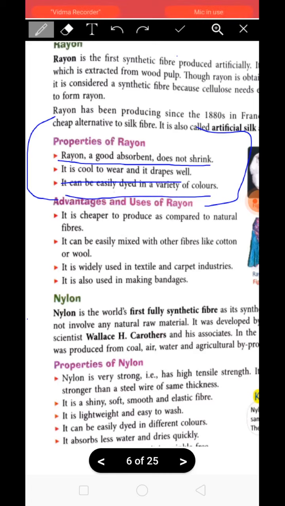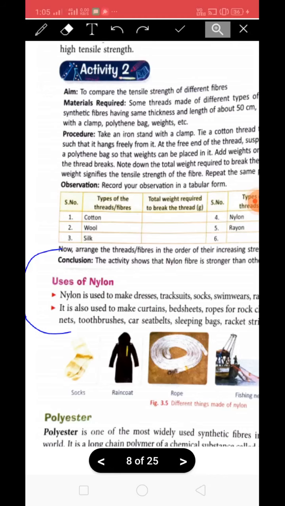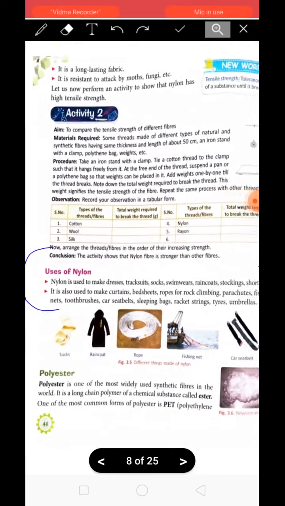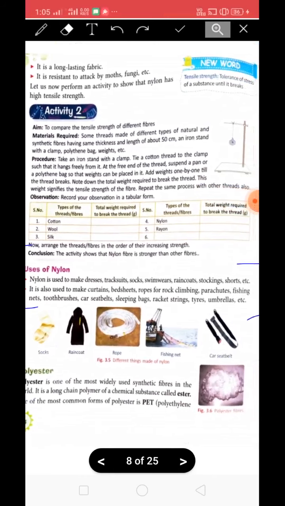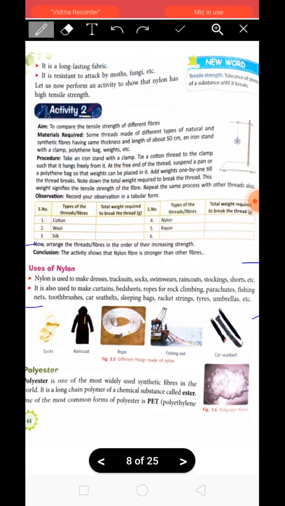Now the next question is, list the uses of nylon. Third question. Now we are going to learn about uses of nylon. See over here, uses of nylon given over here. And it is the marked area, right? Let's see.